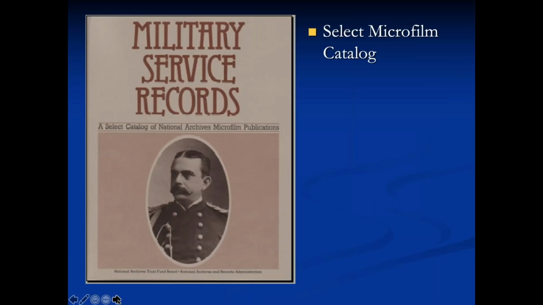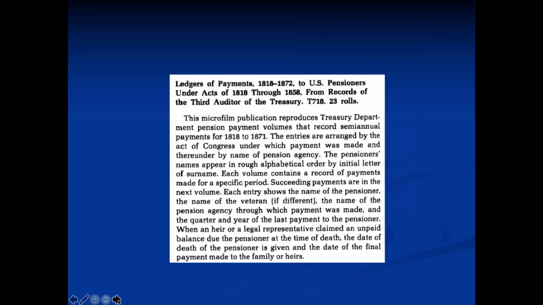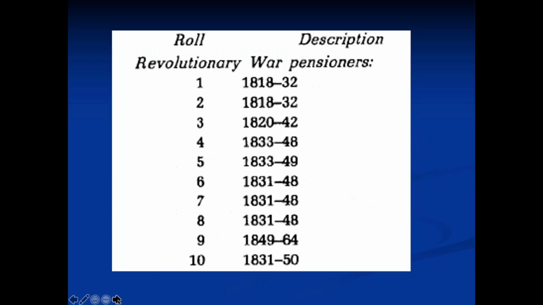You can get a good browse at what's among these ledgers in the Military Service Records catalog. If you happen to own a copy of it, you can download this select microfilm catalog from archives.gov. Basically, it will give you information about what is in this 1818 to 1872 set of pension ledgers.